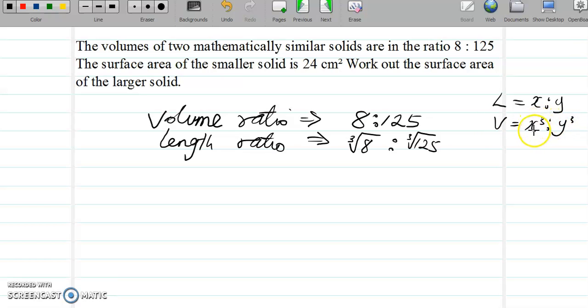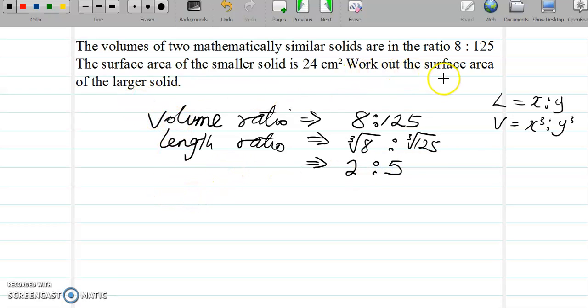So for me to transfer from here to here, I'm going to find the cube root of this. Okay, that means that the cube root of 8 is 2. Use a calculator. Cube root of 8, 2 times 2 times 2, gives us this. Okay, and the cube root of this is 5.